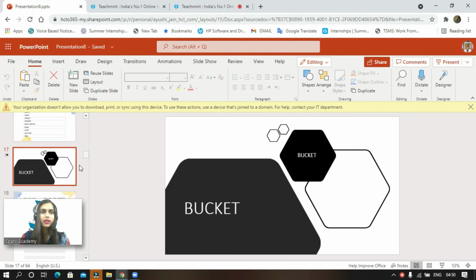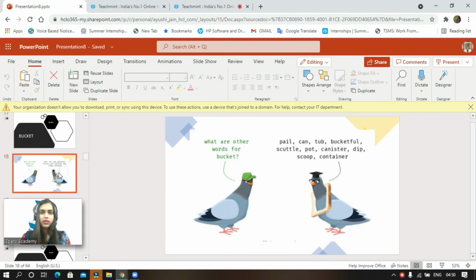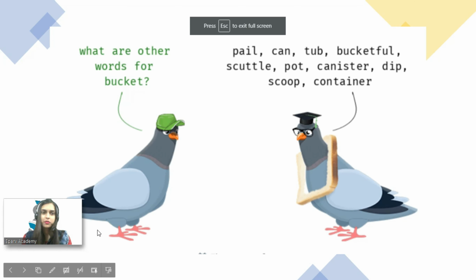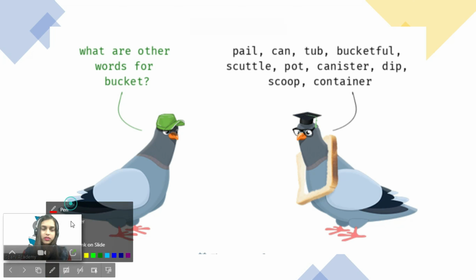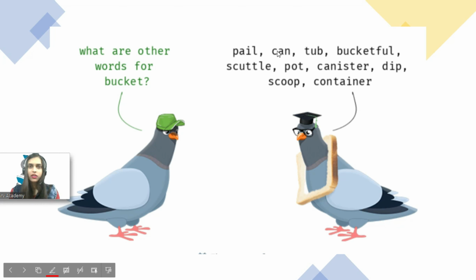Okay, so let's see some other words for bucket as well. Here, pot is the right answer. You can also write pail, P-A-I-L, can, tub, bucketful, scuttle, pot, canister, dip, scoop, or container. So these are the words for bucket, but we only need the word which starts with the letter P. So here are pail and pot.